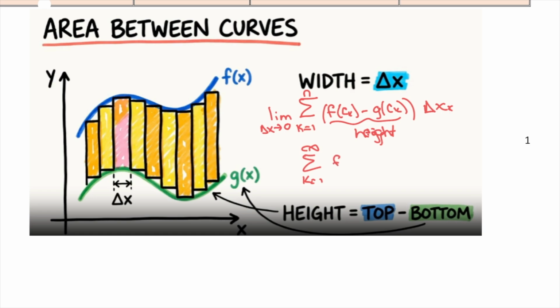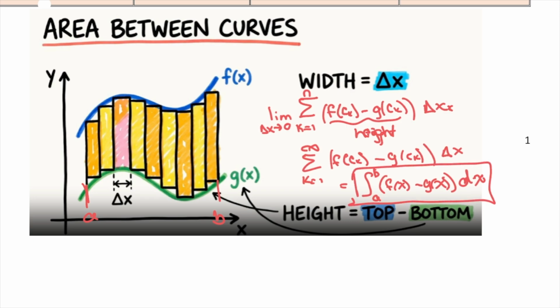Well, the heights, again, are going to be some sort of f of c_k minus g of c_k multiplied by each of these little delta x's, and that is going to be the definition of an integral from a to b, where a and b are the limits that we're going to integrate between of our f of x minus g of x, or the top minus bottom of each one of these heights, multiplied by dx. So this is how we get the definition of an area problem from the infinite number of rectangles into an integral.